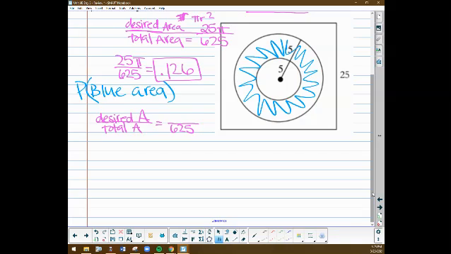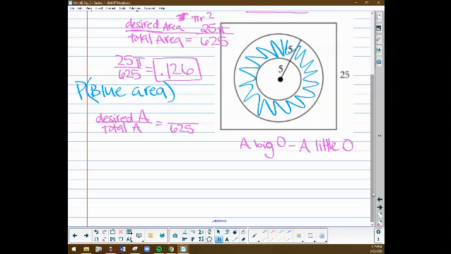So the desired area is that big circle, just the blue. In order to get that, I take the area of the big circle, subtract the area of the little, right? And then I get that disc that goes around there.